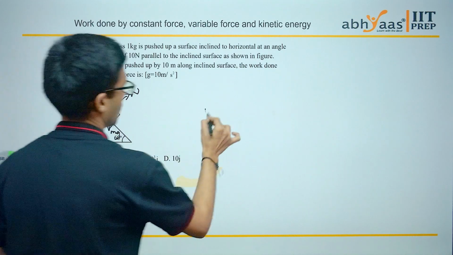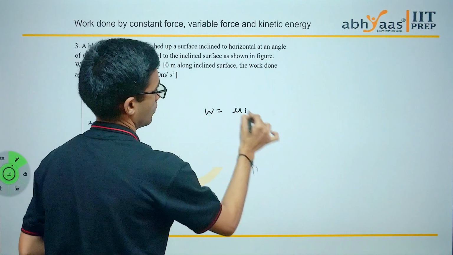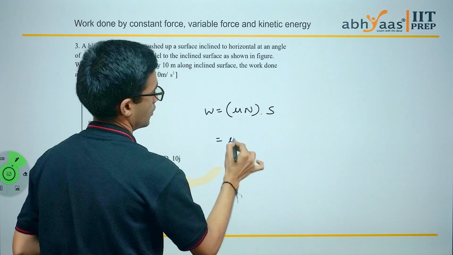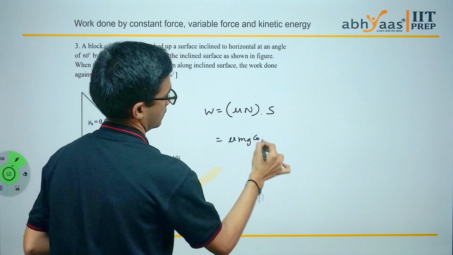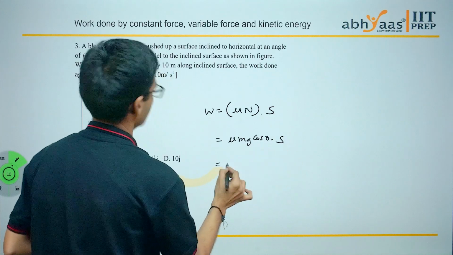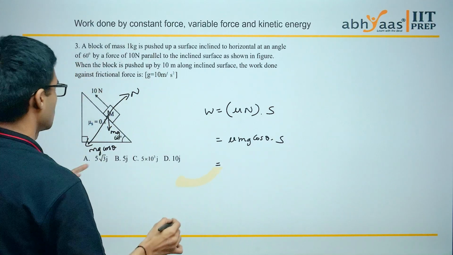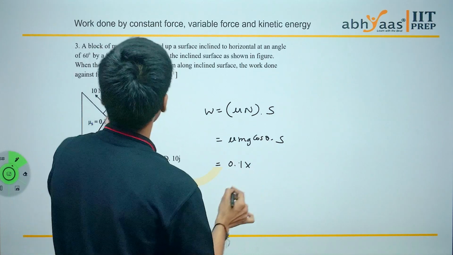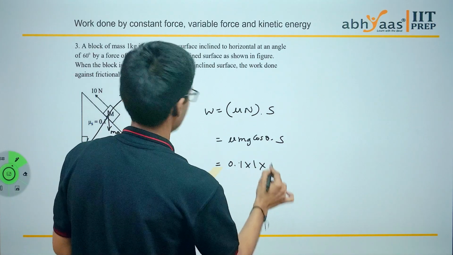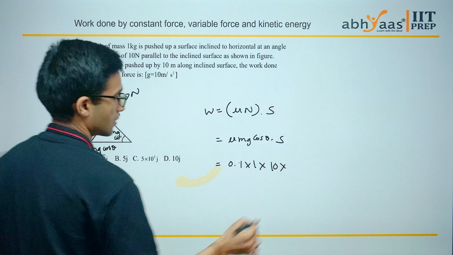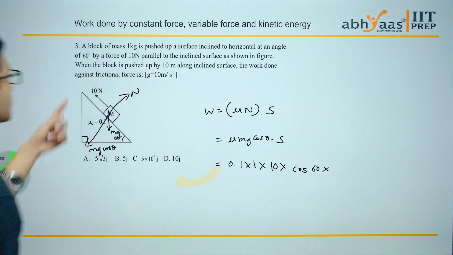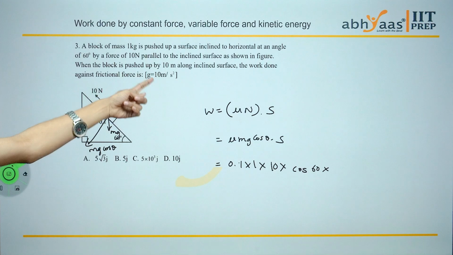Here work done equals mu N, frictional force into displacement, that is mu mg cos theta into displacement. So mu is how much? 0.1. 0.1 into mass is 1 kg. G is 10. Cos 60 into displacement, how much? Displacement is 10 meters.